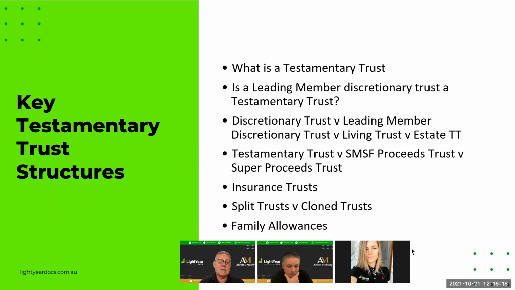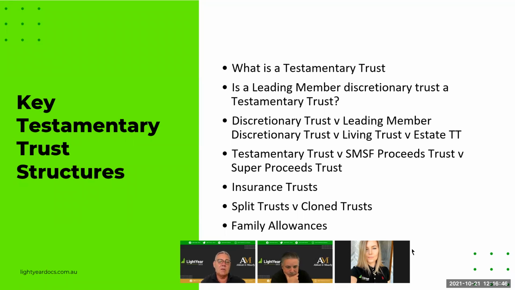Now, obviously, the ones that are sitting on the other side of the line, through the estate or through the will or the administration of the estate, are our traditional testamentary trusts. But again, once we do that, they're subject to a family provisions claim, which is a bit dangerous. With a leading member discretionary trust, when we have it open, there's nothing.